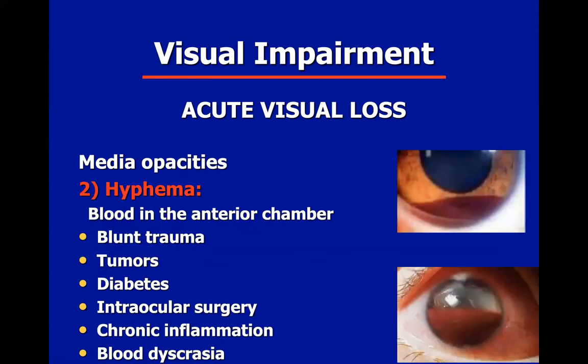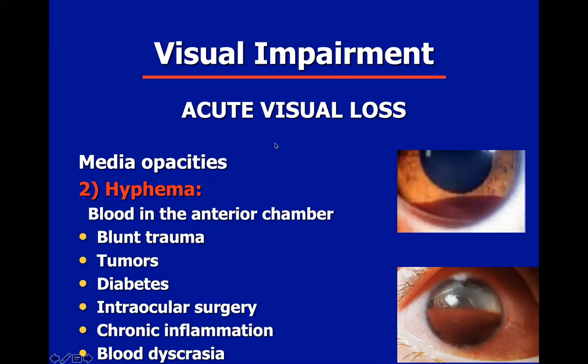Other media opacities, you can have a hyphema. When we say hyphema, we simply mean blood in the anterior chamber. I think you can see it here. The anterior chamber is the chamber between the cornea, which you cannot see, and the iris, which is the colored part.